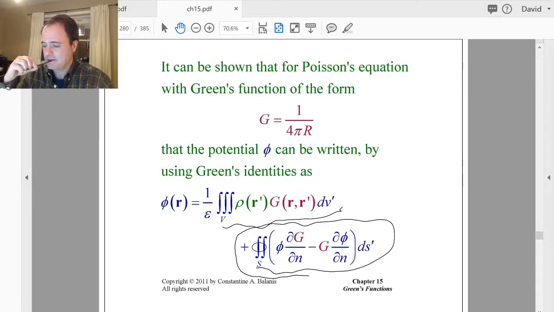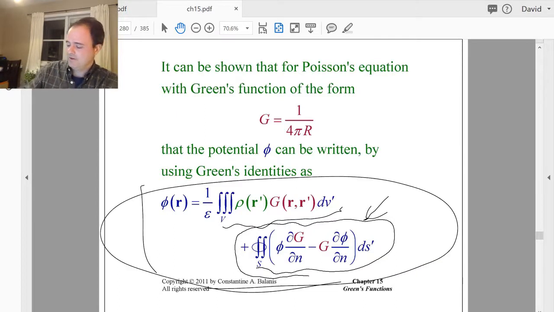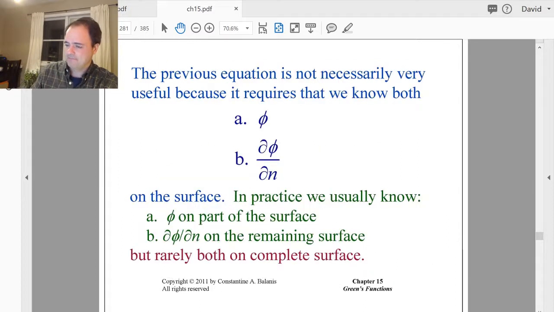So we can add that in there. Normally in undergraduate electrostatics, we don't have surfaces. Our surface goes to infinity, and phi and G, d phi dn, dG dn all go to 0. But if we do have a surface, then we have to pay attention to that, and then this is the full equation for phi.